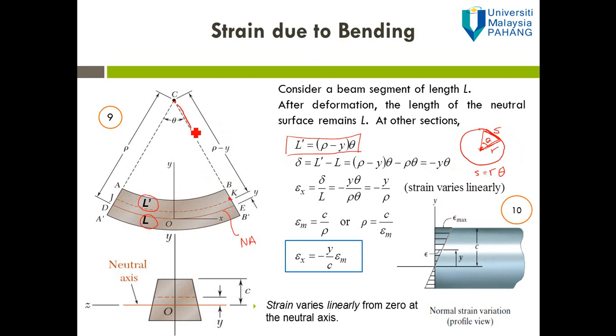So R equals rho minus y, multiplied by the angle theta, and we get L prime equal to rho minus y multiplied by theta.